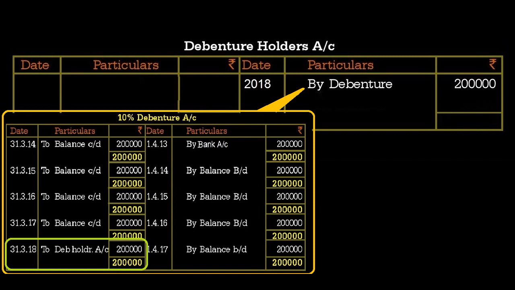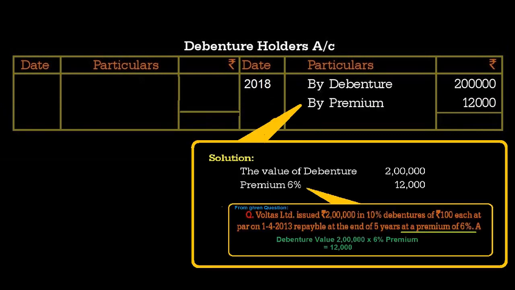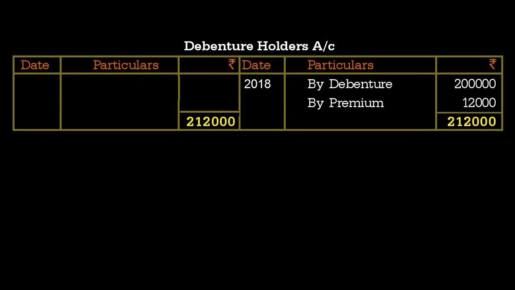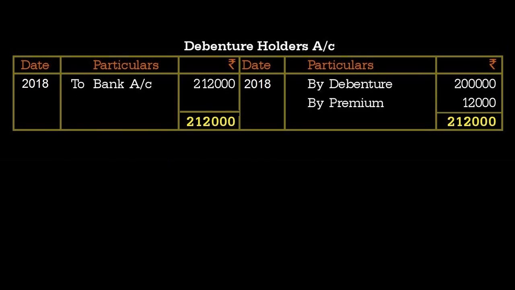So it is by debenture account 2 lakh. And you are going to pay the debentures at premium. So by premium on redemption of debenture 12,000. So together 2,12,000 which you are going to pay to the debenture holders. So you would write in the debit side to bank account which you are going to pay them. 2,12,000.